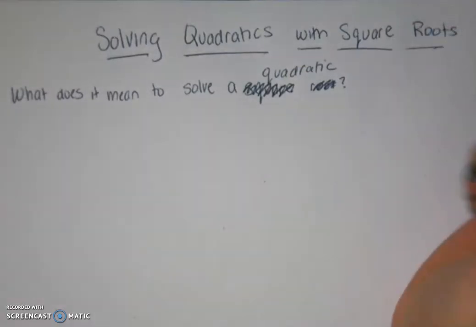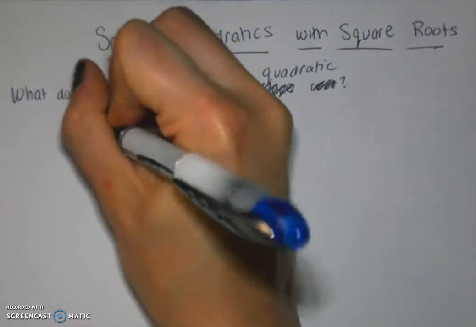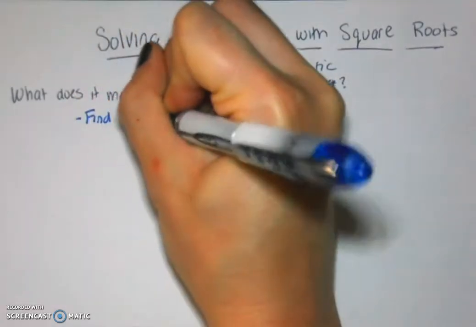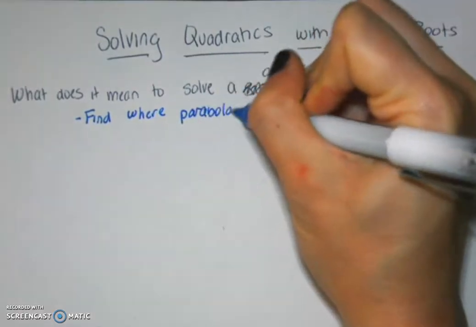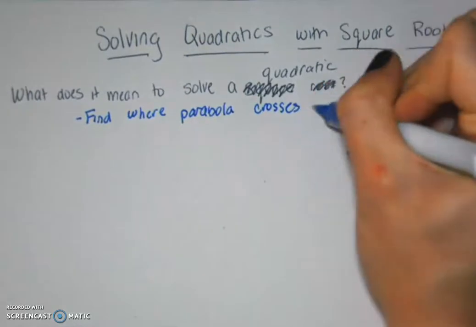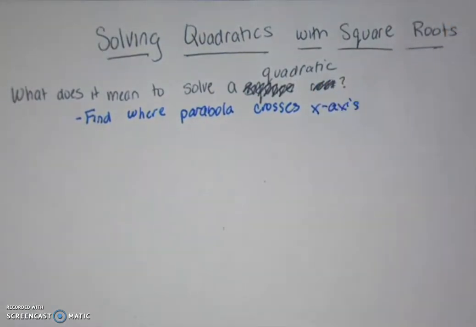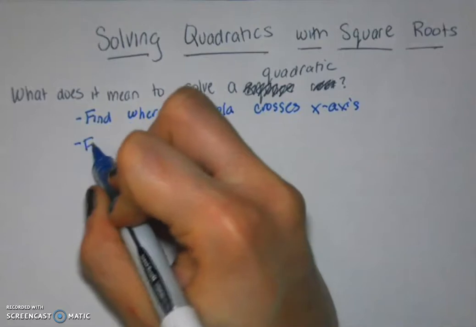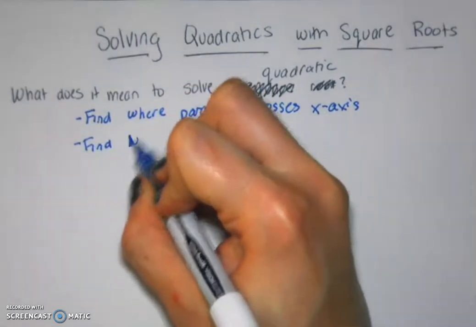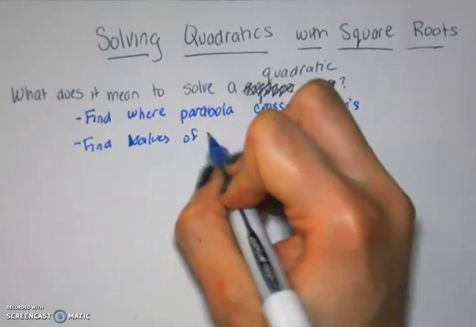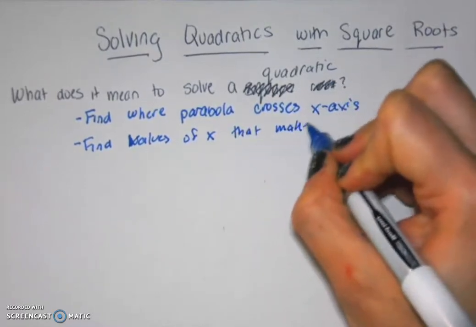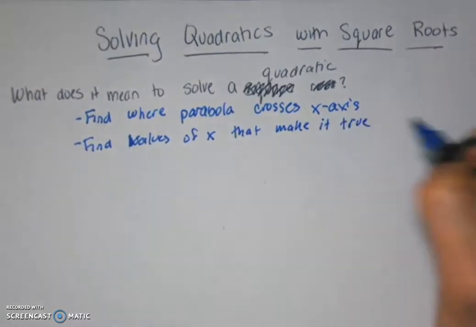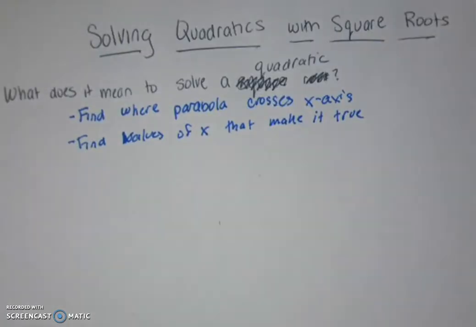If we think back to what we learned before, it might mean to find where the parabola crosses the x-axis, or to find the values of x that make it true. So these are just two different ways that we might think about what it means to solve a quadratic.